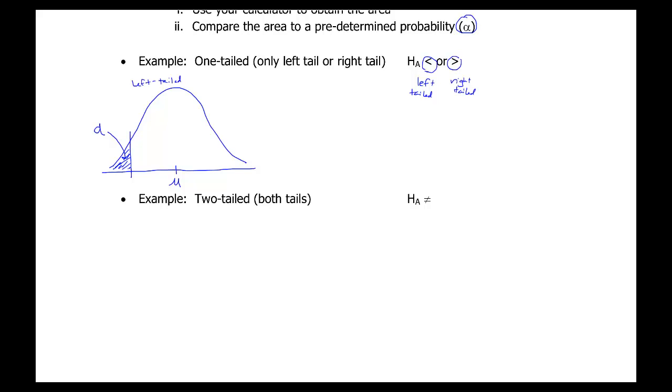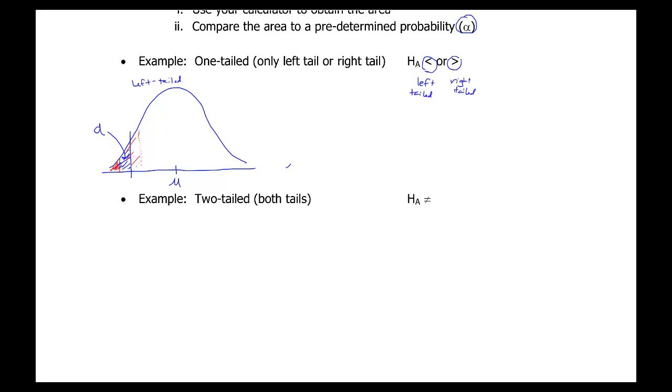So if the probability of your test statistic ends up just being this little part shaded in red, then your probability is lower. If your probability ended up being over here to include all of this, then your probability is greater than alpha. So that's what we're going to be doing with alpha. But again, alpha is predetermined. You choose it before you start the problem, and then you compare your calculated area to that.